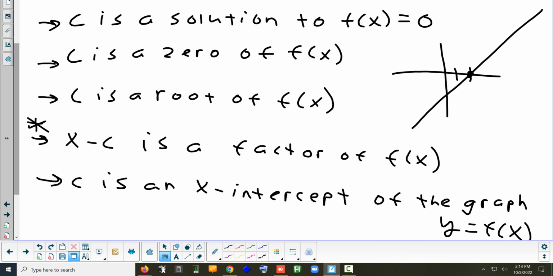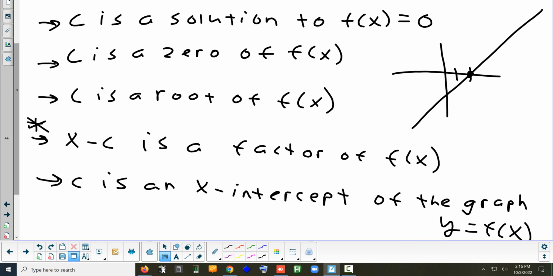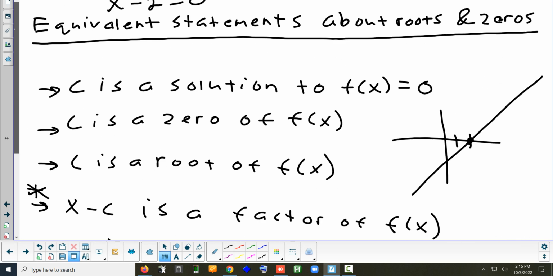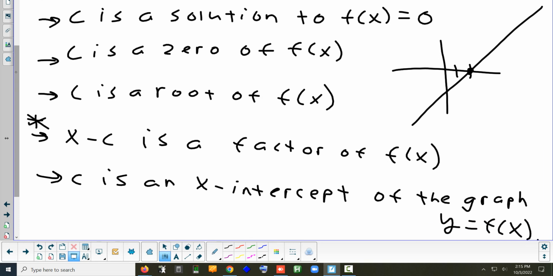So saying that something is a root, saying that it's a 0, saying that when you plug it into an equation, you get 0 as the answer, or saying that it's an x-intercept, every one of those things mean the same thing. They're all equivalent statements, just different ways of saying the same thing.